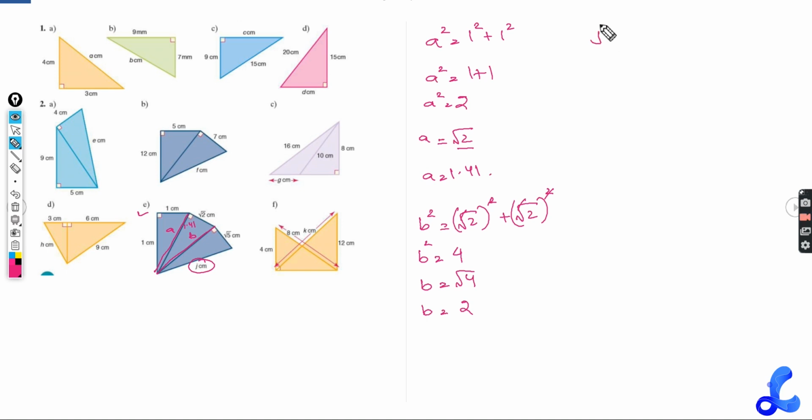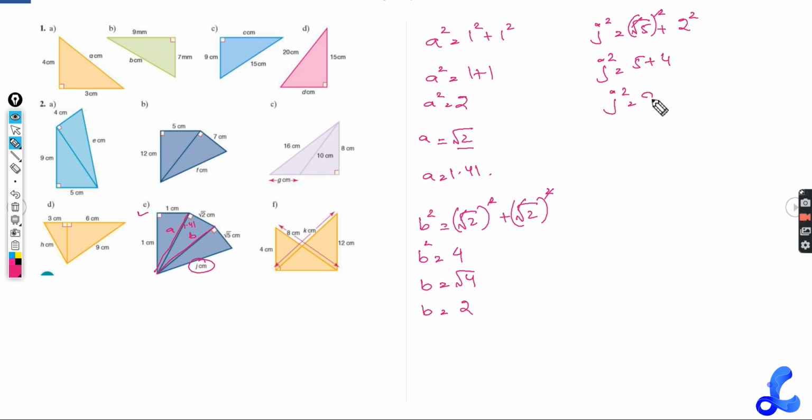J is again the hypotenuse, so j square equals root 5 square plus 2 square. So the root and square cancel out, this just becomes 5. So j square equals 5 plus 4, 2 square is 4.